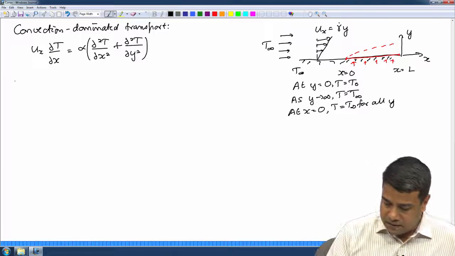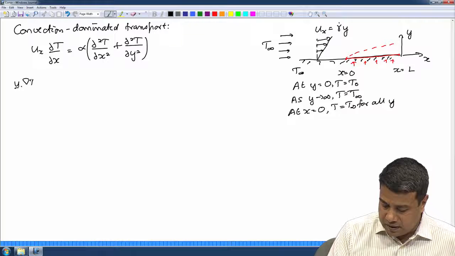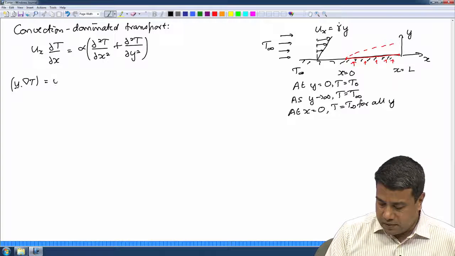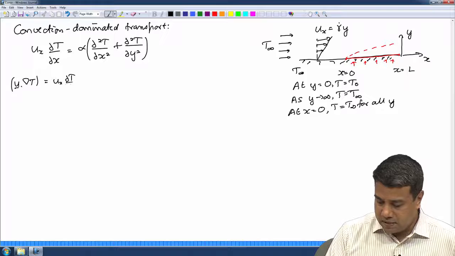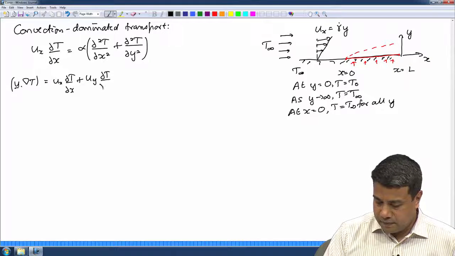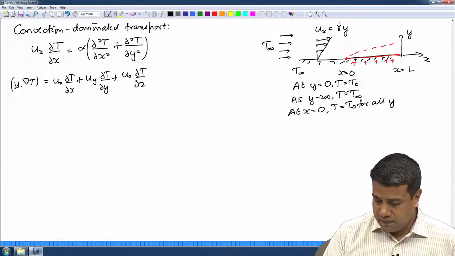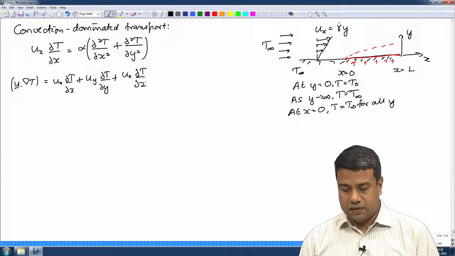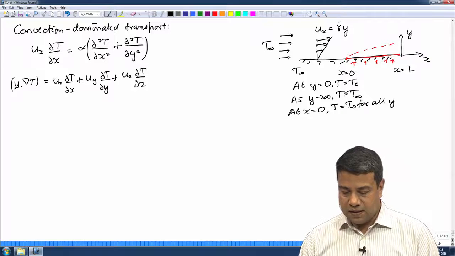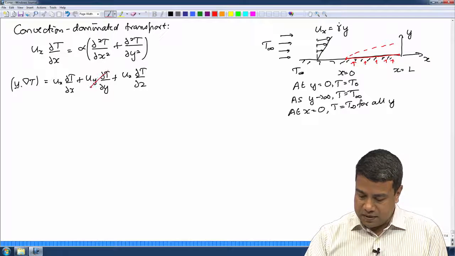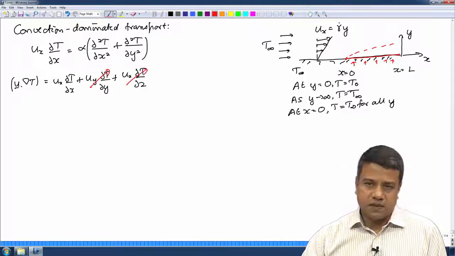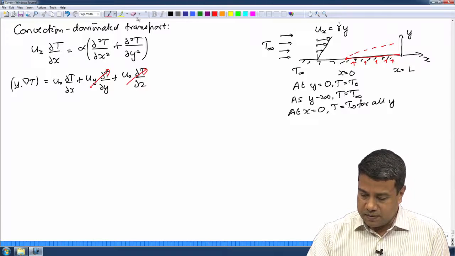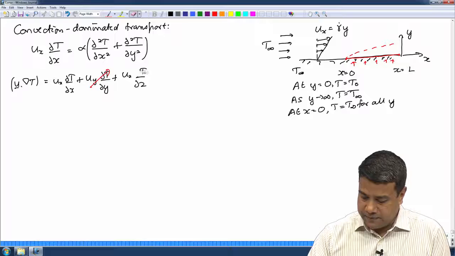This first term is u dot grad T, which is equal to ux partial T by partial x plus uy partial T by partial y, that is the term on the left side. And in that term uy is equal to 0, there is no velocity in the y direction, and there is no transport in the z direction. So, you just get ux times partial T by partial x.